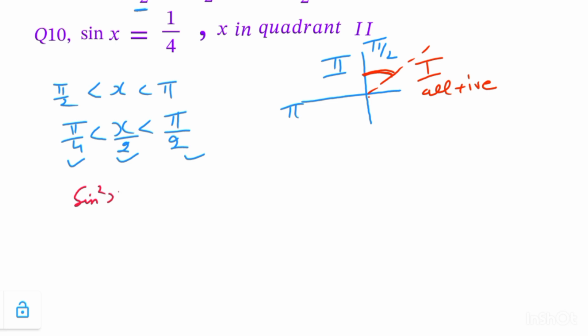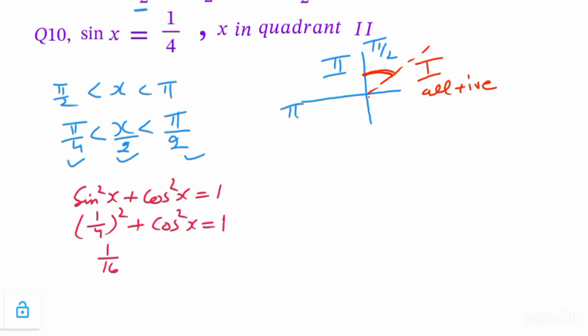sin square x plus cos square x is equal to 1. Now sin x is 1 by 4 square plus cos square x is equal to 1.